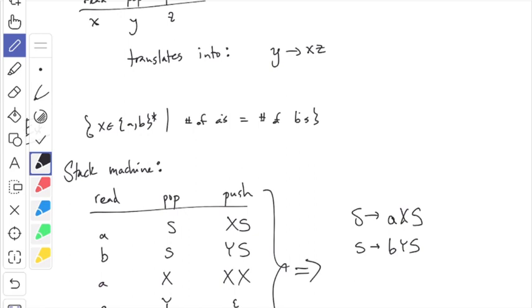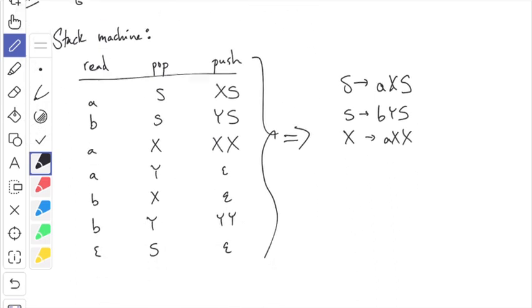And you just keep doing them like that. Next one goes X goes to AXX. I'm going to do them all. Y goes to A followed by epsilon, but that's just A. X goes to B. This one says Y goes to BYY. And the last one says S goes to epsilon. This is my grammar.